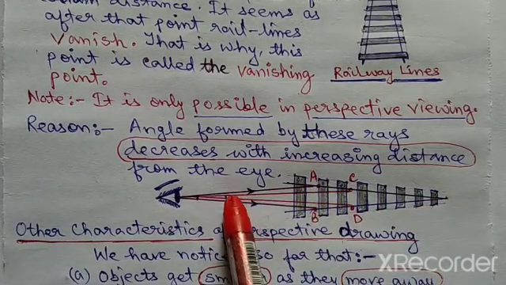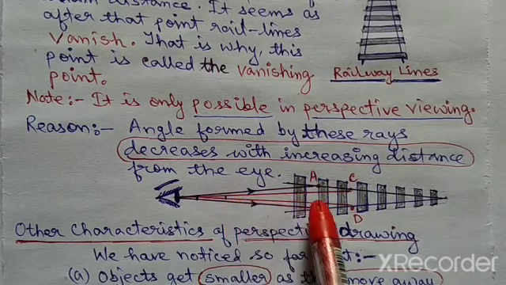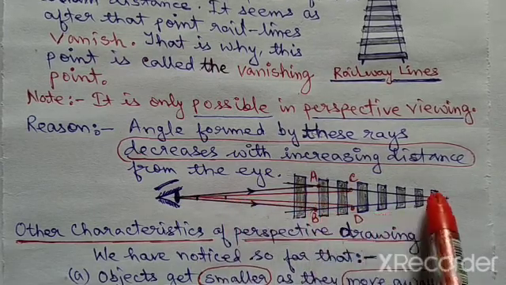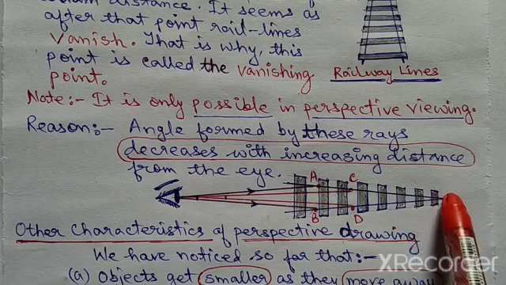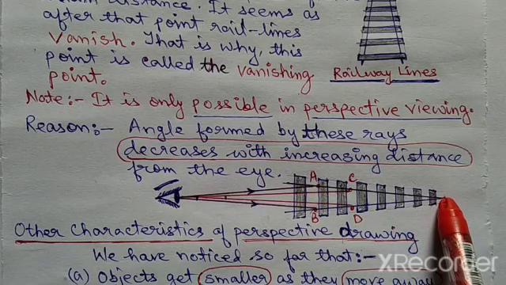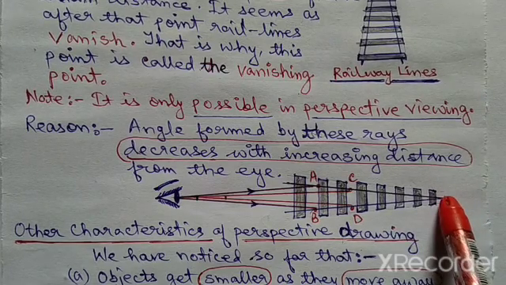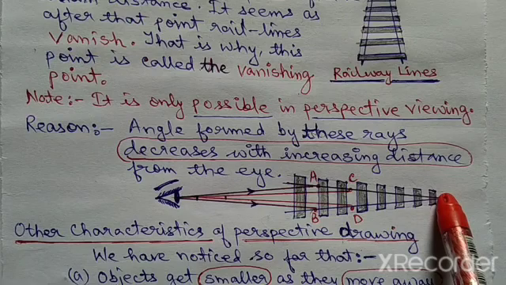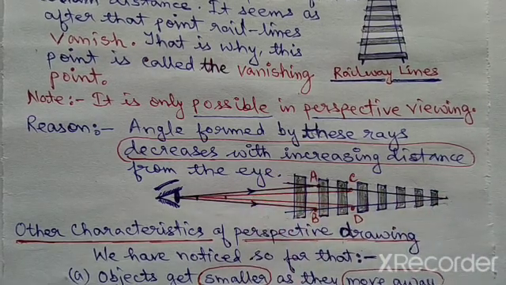This angle becomes lesser and lesser. At some point it becomes zero, and at that point you get the vanishing point. So this is called the vanishing point, because at this point your angle will be zero. The angle between the two rays must be zero.